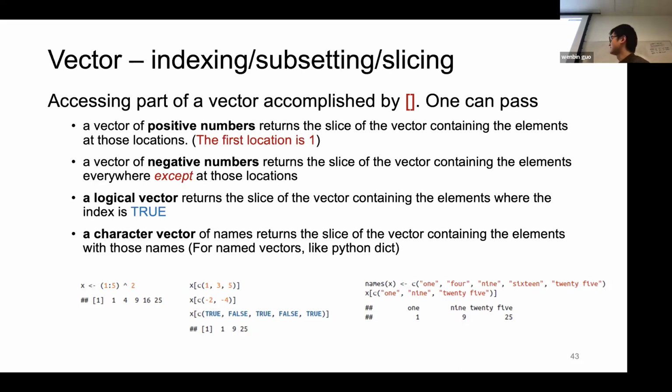One significant difference between R and other languages like Python or C++ is that the index starts from 1 in R. In Python, it starts from 0, right? When you want to access the first element in Python, you put square bracket 0 to get it. But R is different, so this is a key difference you should understand.